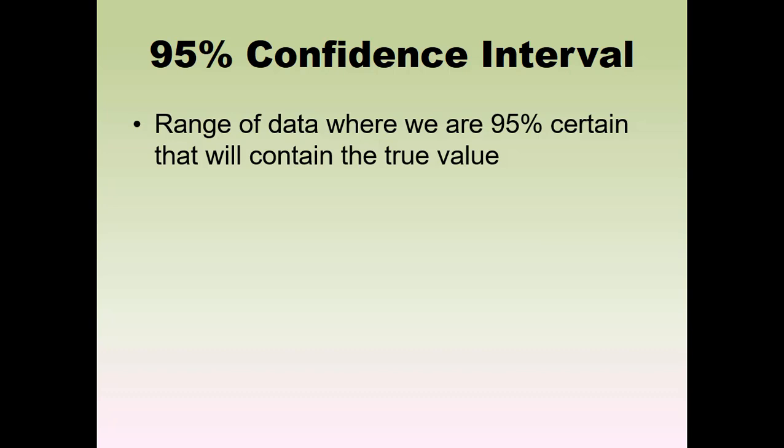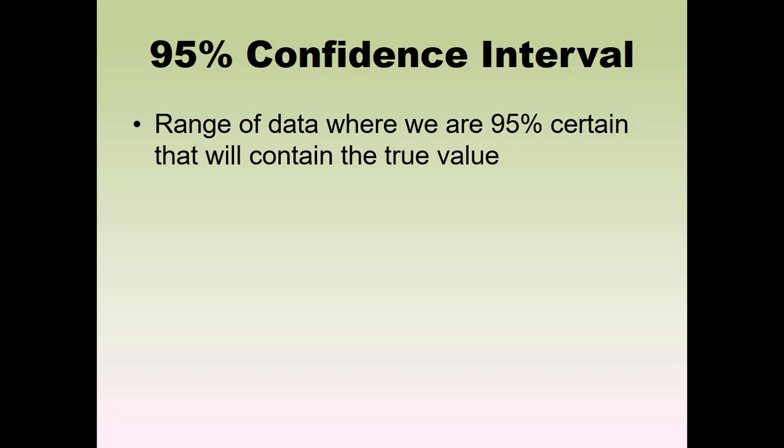So if we came up with a mean height of students in our class of, say, 5'8", for example, or 5'7". We'll say 5'7". The 95% confidence interval would be a range of data that we're 95% certain that the true average height of students at JC would exist.